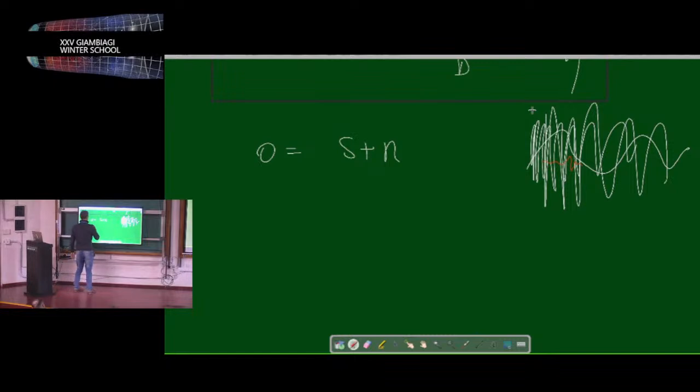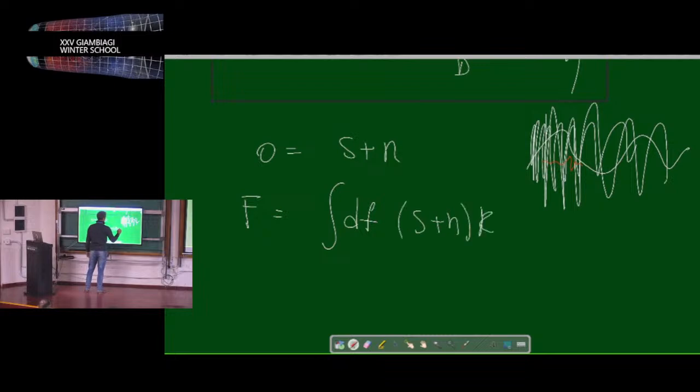What you want to do is to correlate this output with some filter. We do it in Fourier space. You want to filter the output by integrating my signal plus noise with some filter function.